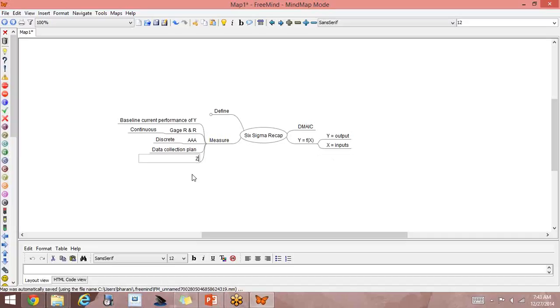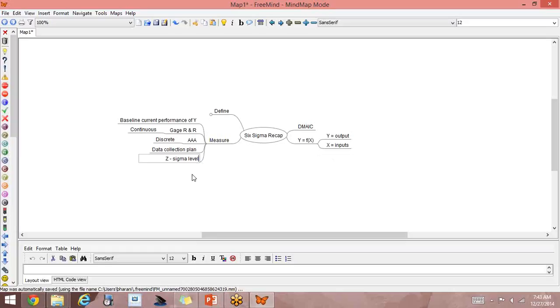We look into the Z value, which is nothing but the sigma level. We want to go to some sigma level. Let's suppose my garment selling shop is making some profit. Even before baselining that, I check whether the measurement system is correct or not, whether the accountant who is writing the details in the account sheet is doing a good job or not.